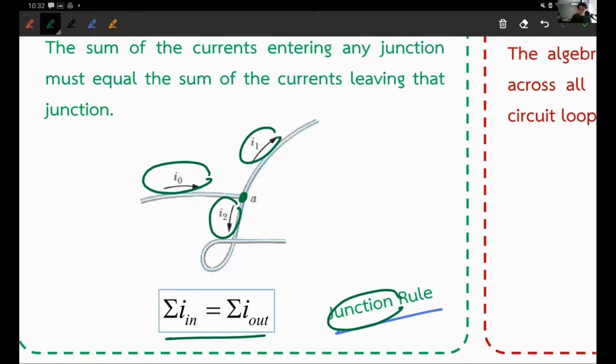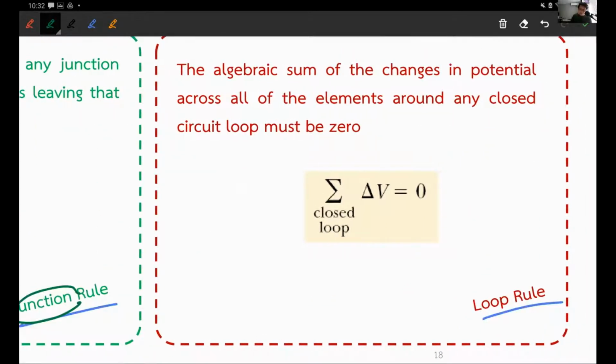Done. The second one also makes sense, because it is regarding the potential. Once again, if you have something here and you move up, you get to a higher potential. But if you bring it back down to the original position, you come back to the original potential. That's the whole idea. The potential across every element, you just go through whatever you can go through, but eventually, if you arrive at the initial point, you have to come back to the same potential.